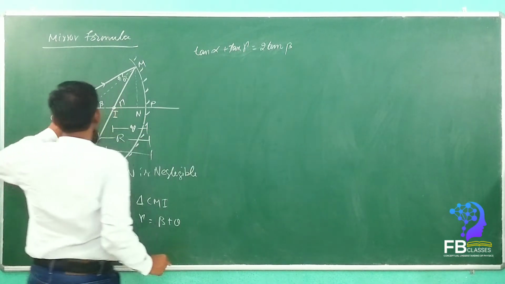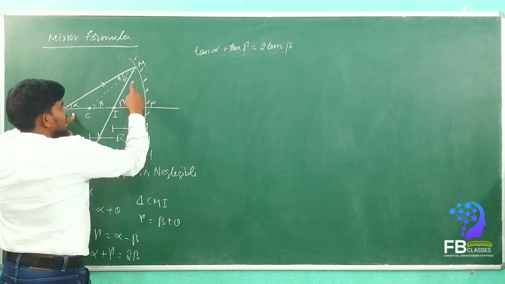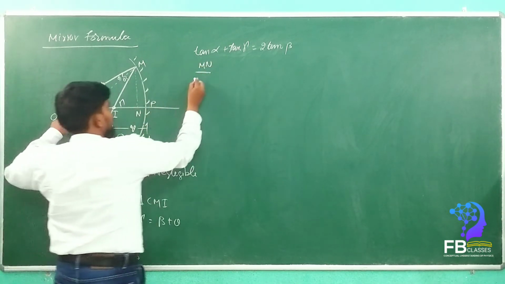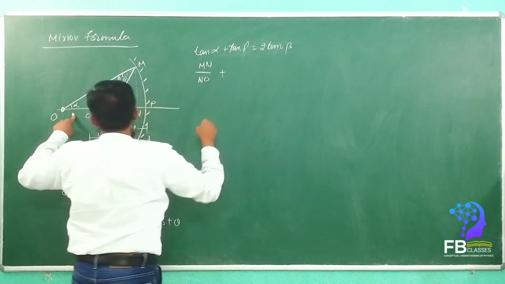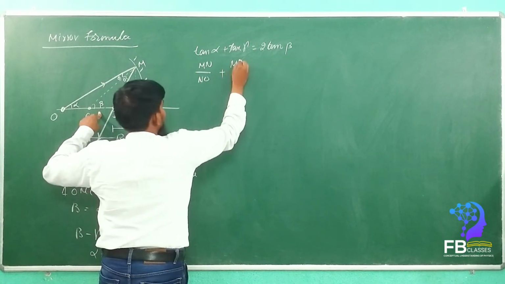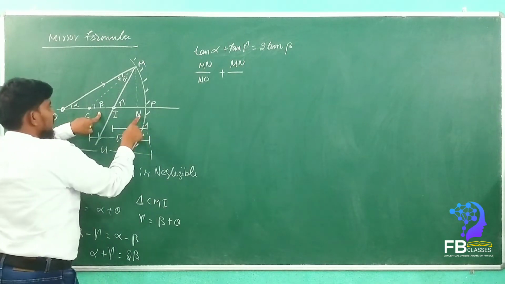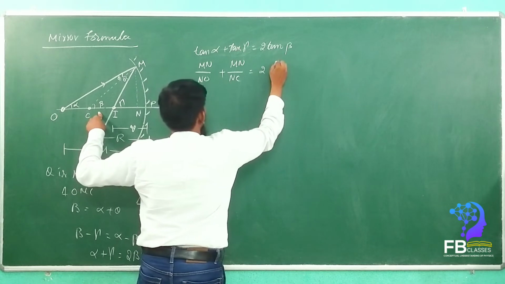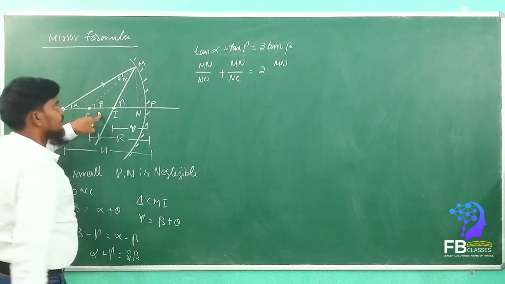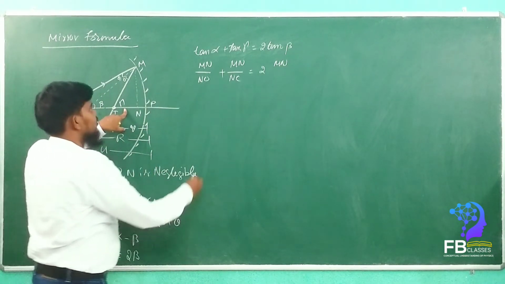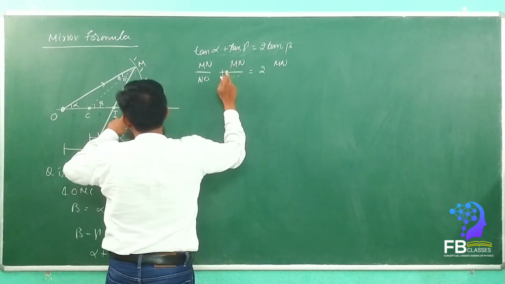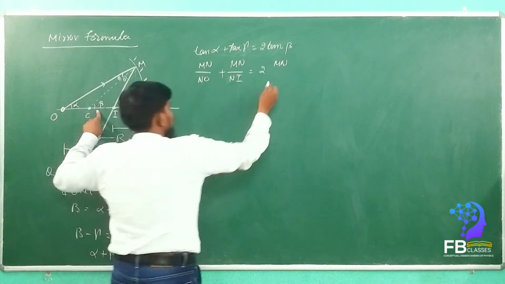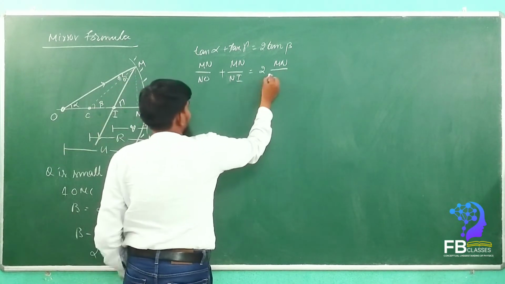Simple. Tan alpha is equal to opposite upon adjacent. Opposite is nothing but MN upon NO, plus tan gamma means MN upon NI, is equal to 2 tan beta, which is MN upon NC. Yes or no? Yes, sir.